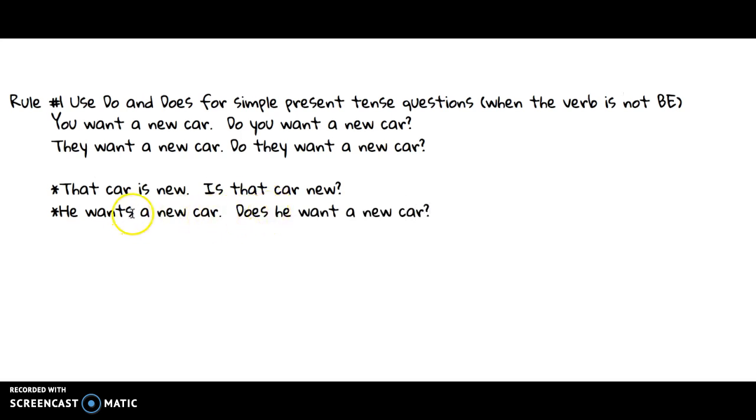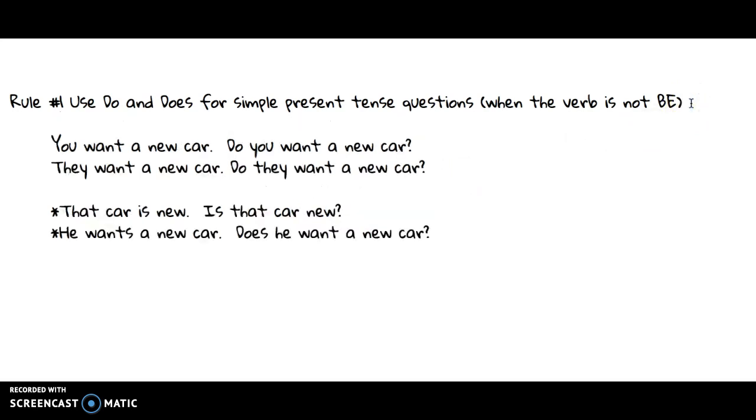Notice, because we have the S here in the sentence, we put the S here in the question. But we also need to remember to take away the S in our main verb. So we don't say, does he wants? No, too many S's. We say, does he want a new car? So let's add a little rule here to remember.